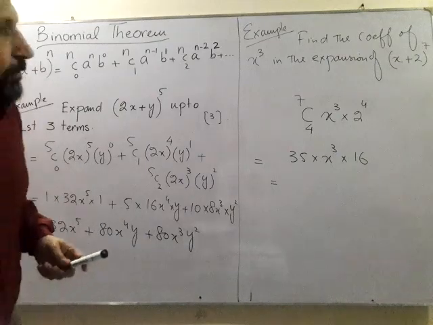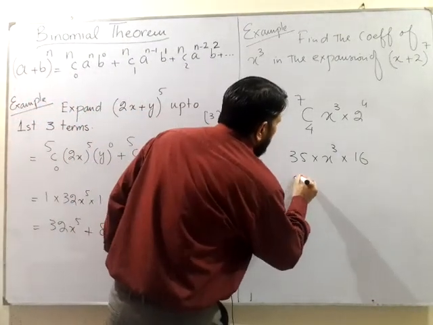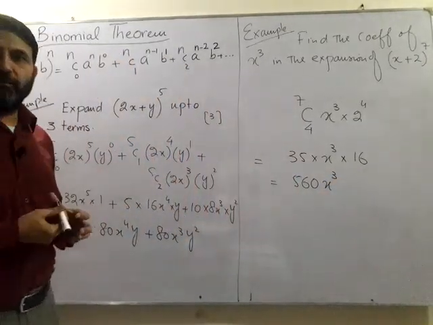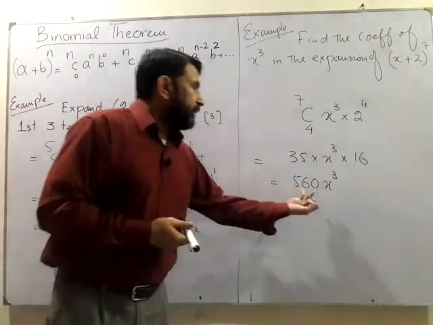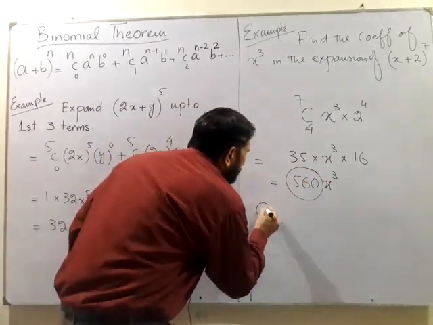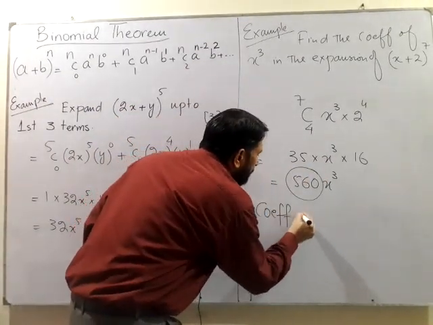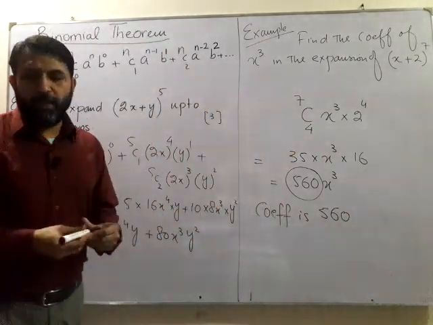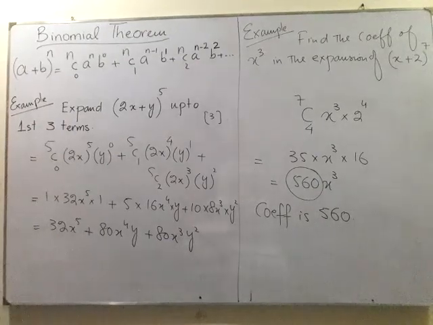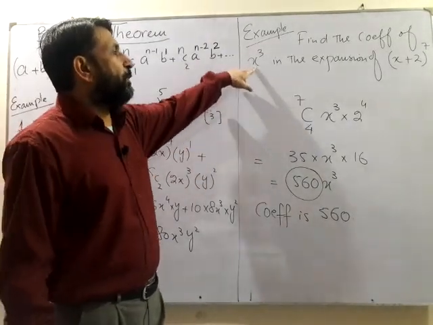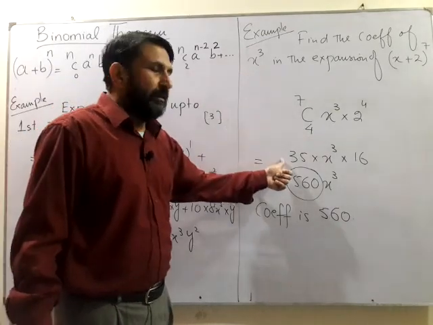It's 560. So 560x^3 is our desired term, where the coefficient of x^3 is 560. This is the way in which we can find the coefficient of a specific term directly.